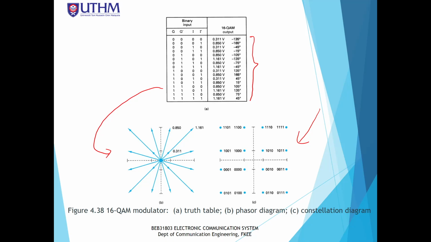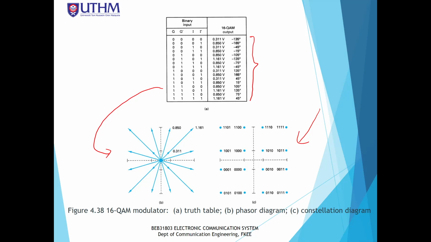In practical applications, in 4G and 5G, we still use QAM, high level QAM, 64 and above, for the 4G and 5G telecommunication systems.